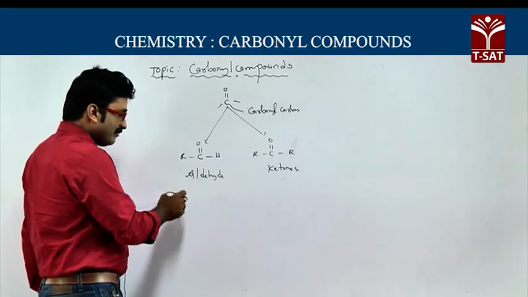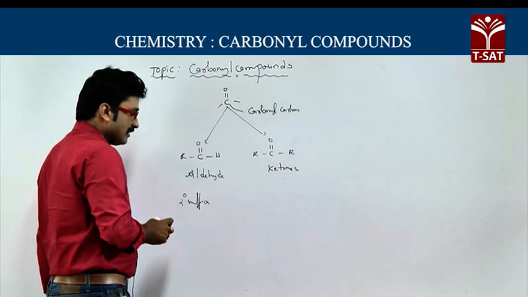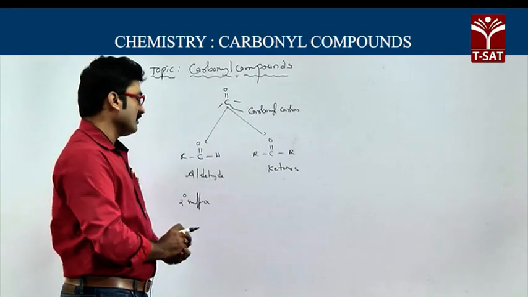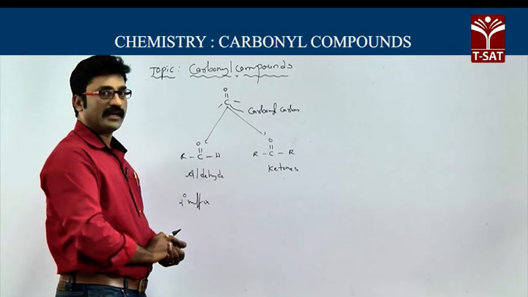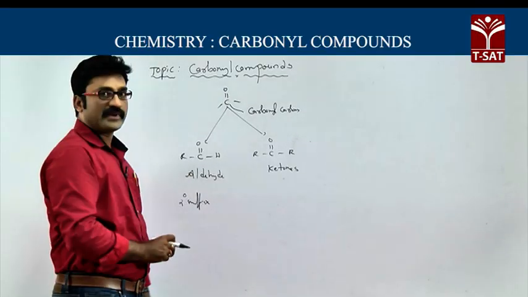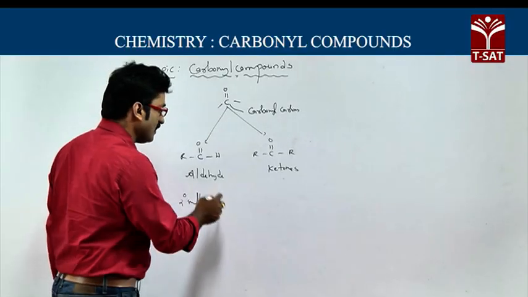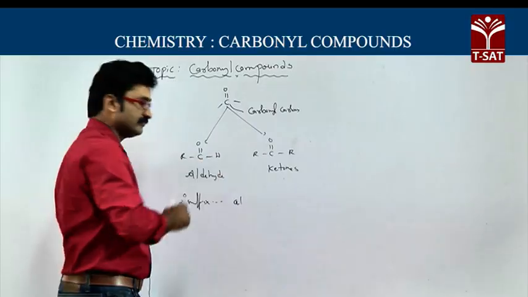So, the primary and secondary suffix. Generally the secondary suffix is used to indicate the nature of the functional group. If aldehyde is the principal functional group, then the secondary suffix of aldehydes will be al.